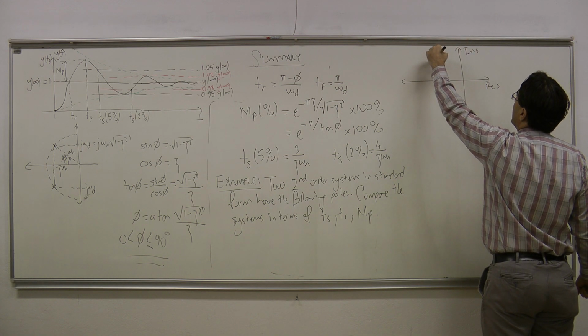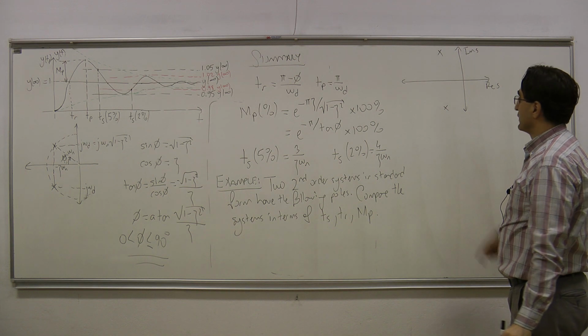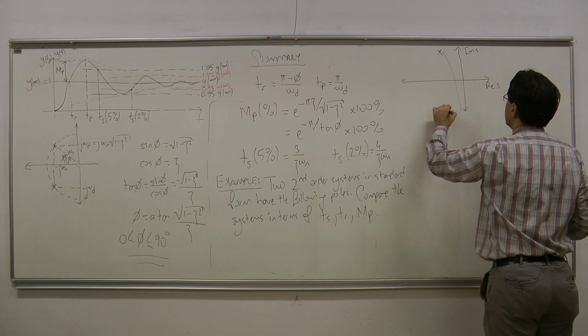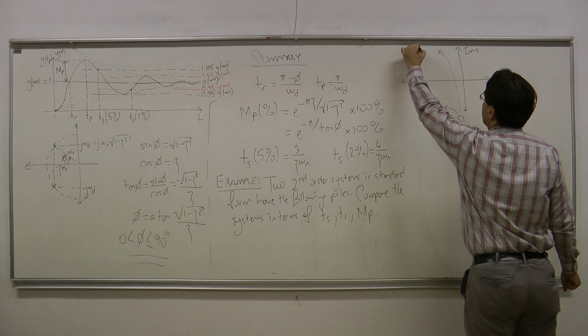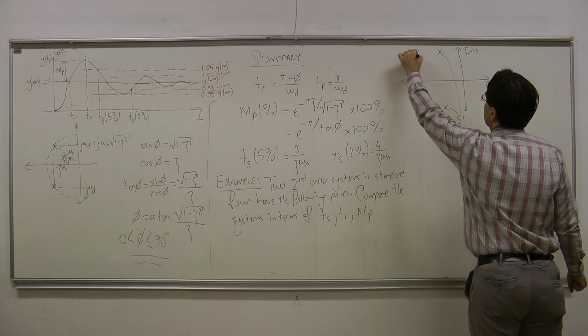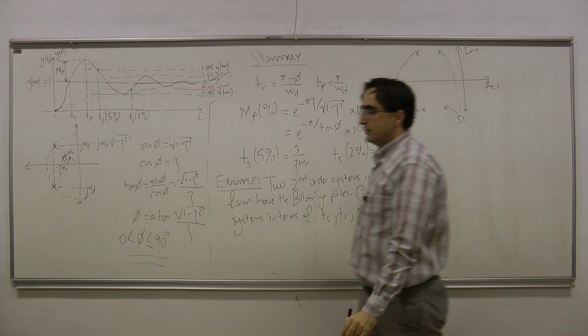Okay? And the poles of the first system are given like this. So these are the poles of the system 1. And poles of the second system are given like that. Okay? So these are the poles of the system 2.